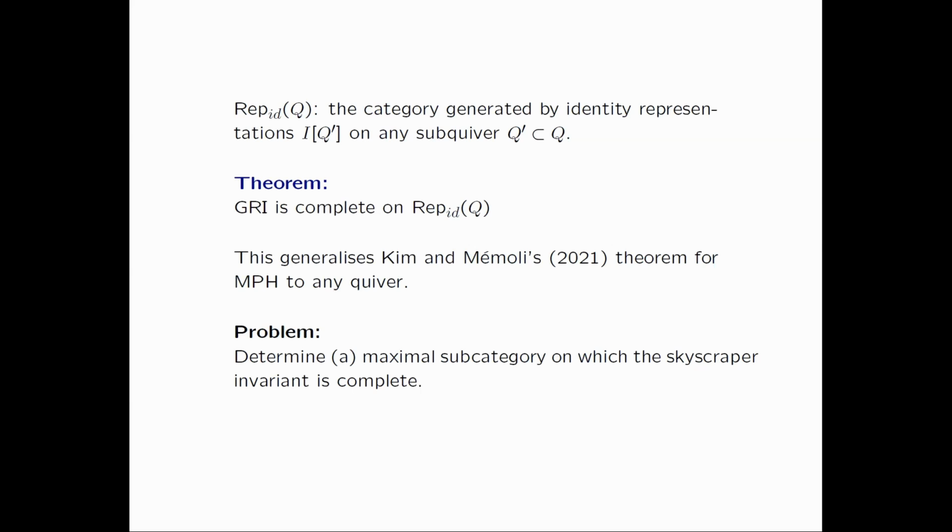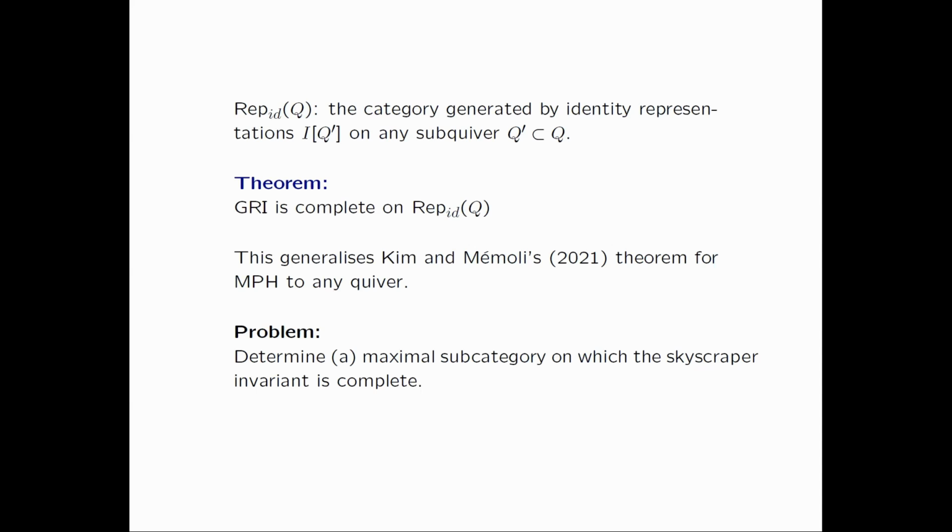Now that of course generates a subcategory, and I can ask myself, is my invariant complete there? And indeed, Mimoli and Kim proved that for grid quivers, so the ones that come up in multi-parameter persistence, this is a complete invariant.